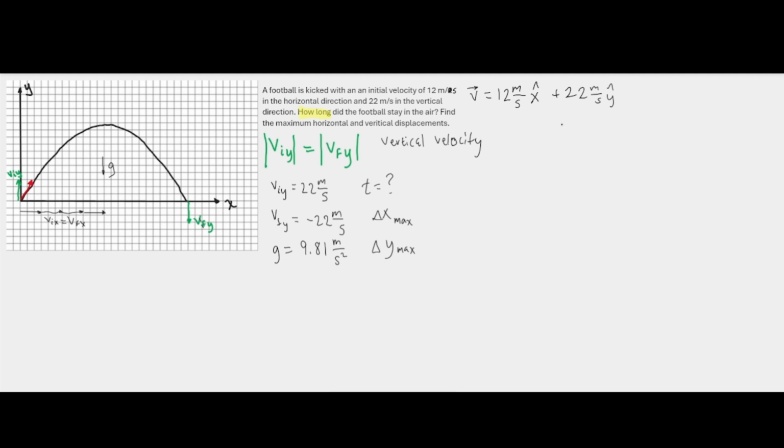Well, my equation for horizontal displacement, we know that there's no acceleration. So it would be delta x is equal to some velocity in the x direction times a time. Remember, we wouldn't have a 1/2 at squared because what's the acceleration in the horizontal direction? Well, it's 0.